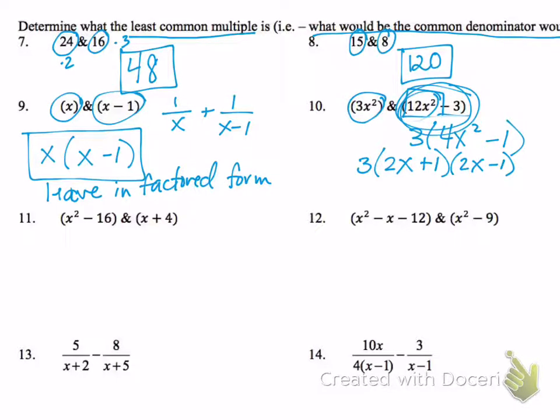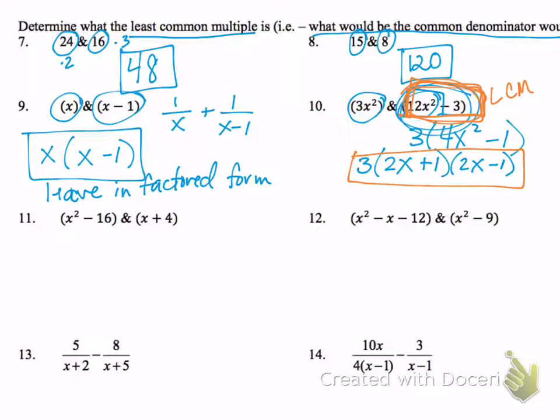So this right here would be my least common multiple because 3x squared goes into 12x squared minus 3. Like they both have a 3x squared in common. I just factored this out a little bit further. So the stuff that I have boxed in orange right here, that is my least common multiple.